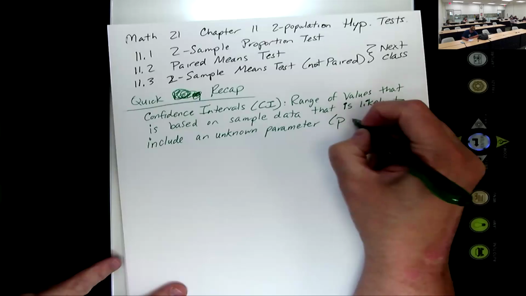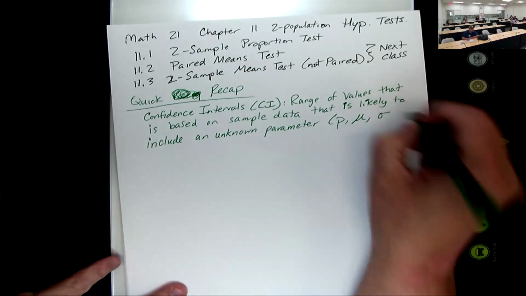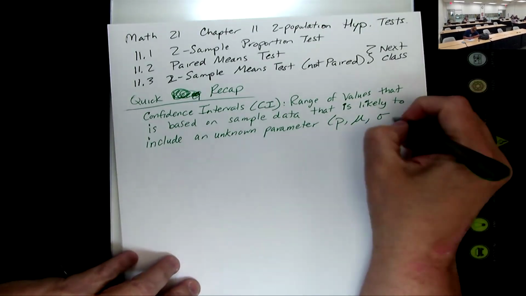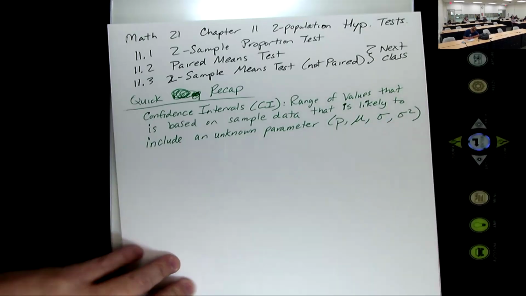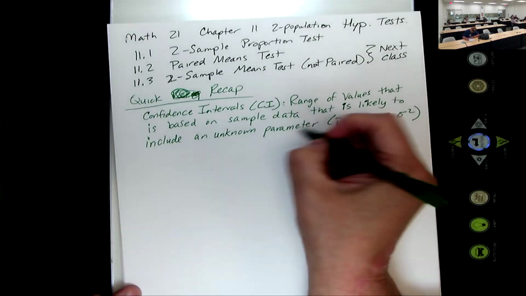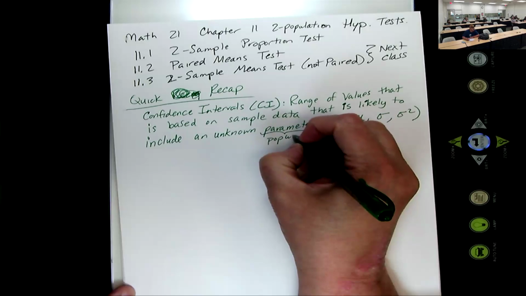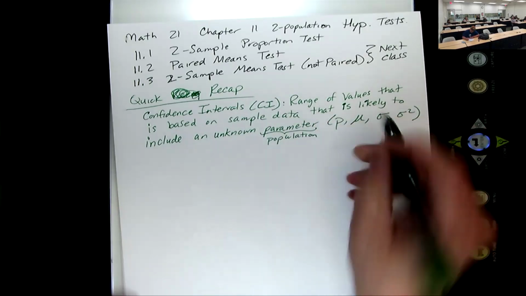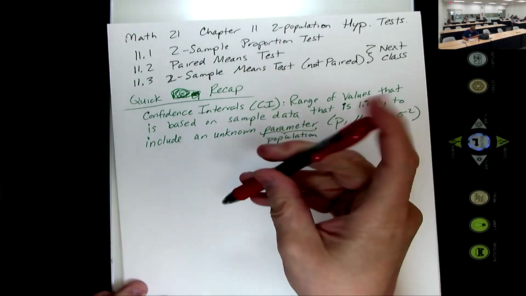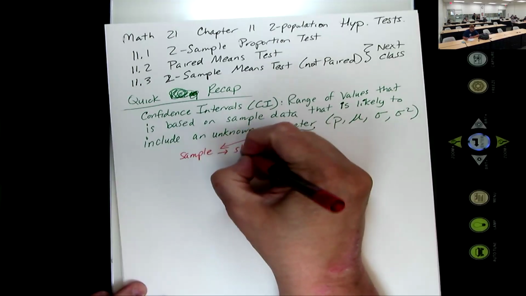We've been working with p. We've been working with mu. We look at standard deviation. We look at variance. Bunch of things we look at. And this is an unknown parameter. The parameter, don't forget, is from the population. The same word applied to a sample is called a statistic.